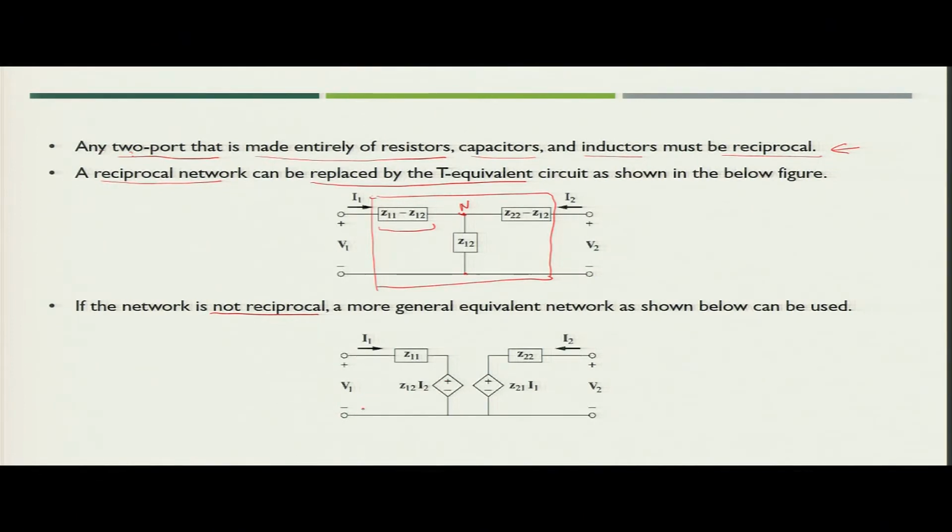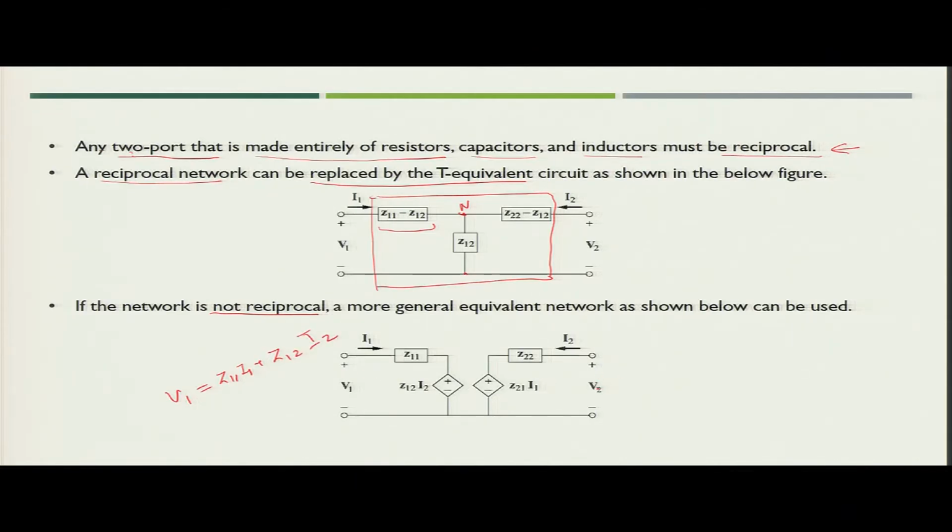Here you have one impedance called Z11, and in series with it you will have one dependent voltage source with the value Z12 I2. So, what would be the value of V1? V1 you can simply write as Z11 I1 plus Z12 I2.